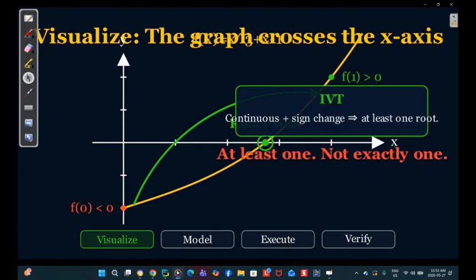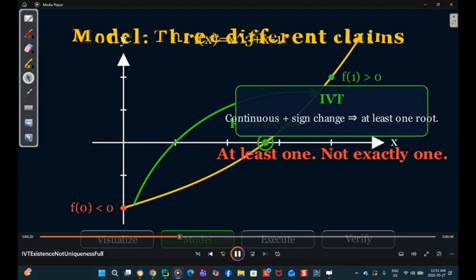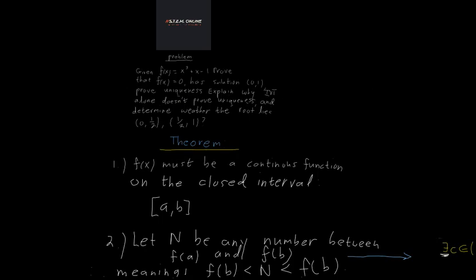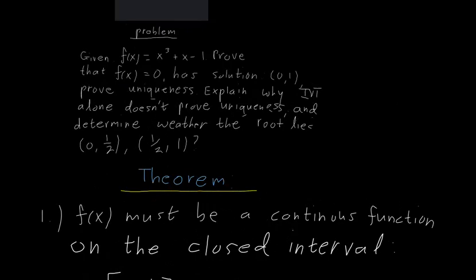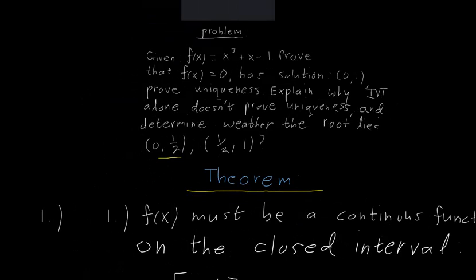If we go back, just to remind yourselves what I'm talking about for the specific question, the question says we want to prove that f(x) equals 0 has a solution on 0, 1, prove uniqueness, and explain why IVT alone doesn't prove uniqueness, and determine whether the root lies between 0 and 1 half or 1 half and 1. That's what I meant by location. Which smaller interval contains the root?